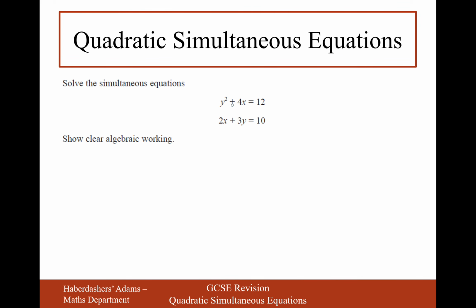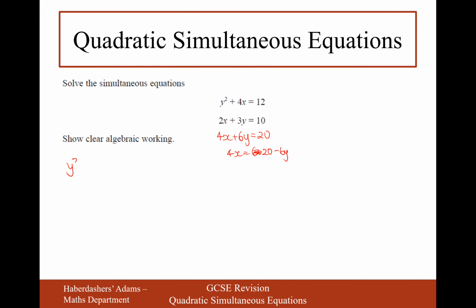Right, okay, we've got y squared plus 4x equals 12 and 2x plus 3y equals 10. Now I can see here I've got 4x here and a 2x here. Now if I double the second equation, I can get a 4x. I'll get 4x plus 6y equals 20. And then if I take away the 6y onto the other side, I get 20 minus 6y. Okay, so I now know that 4x is equal to 20 minus 6y.